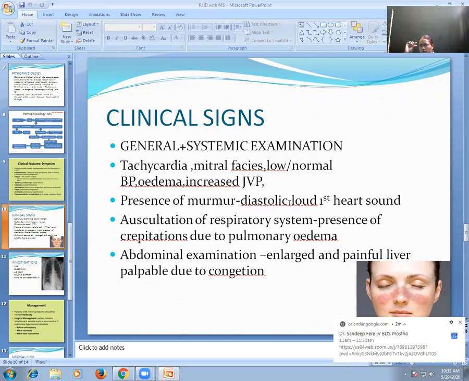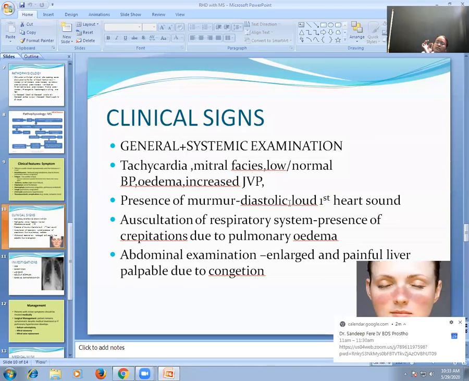The diameter is small. Blood has to pass through the narrow orifice, and this causes increased turbulence in the flow of blood. And whenever there is increased turbulence in the flow of blood, that produces a sound of harsh rumbling, which is called murmur.